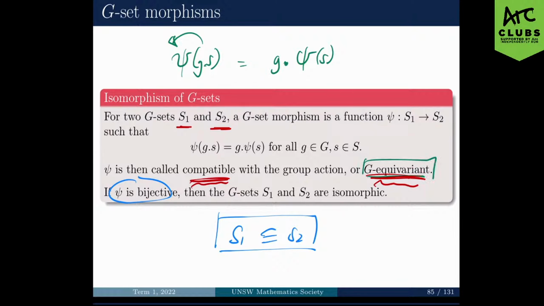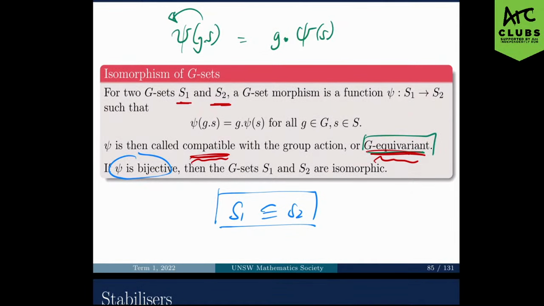And so if phi is also bijective, then the G-sets are called isomorphic. And we write it very much the same way. I'll rewrite this. S1 is isomorphic to S2.